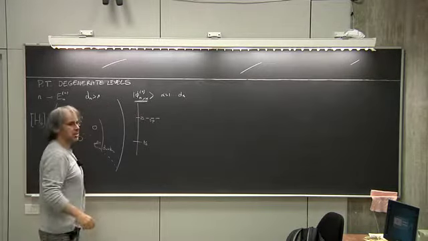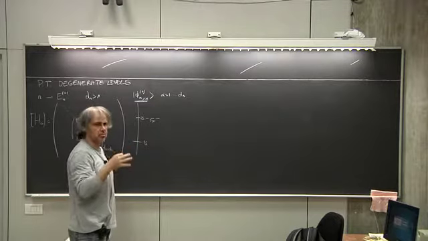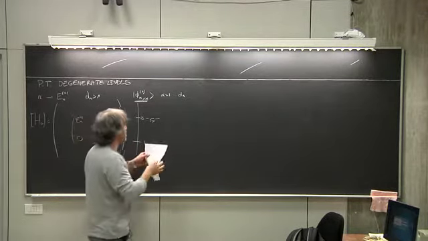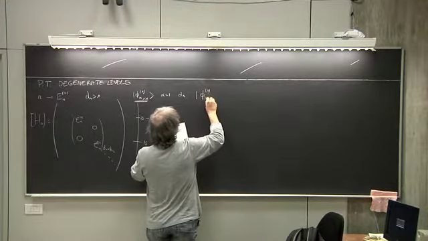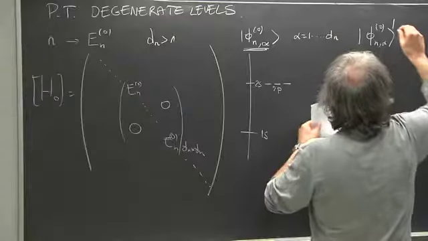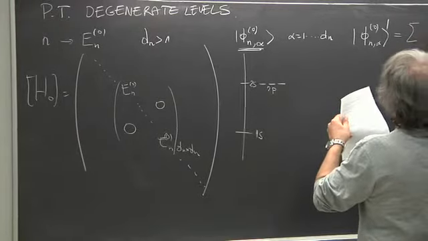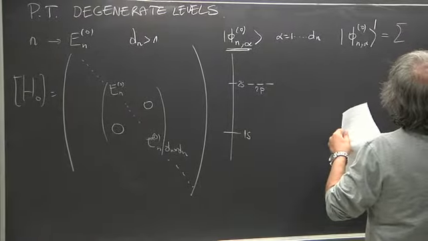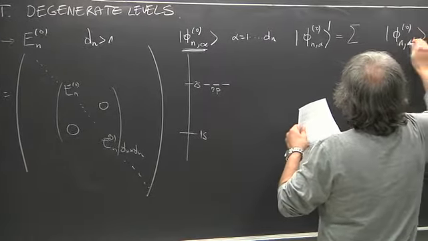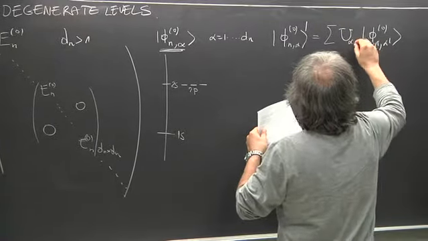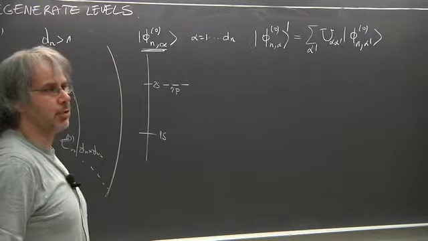These four are degenerate. You can mix them by any linear combination which is unitary. So you can define new vectors, which I denote by a prime, that are essentially the old ones, n alpha prime summed over alpha prime, and this matrix you select to be unitary.